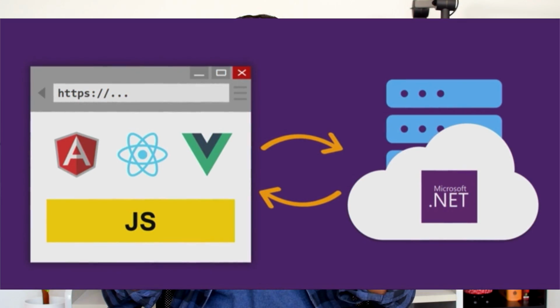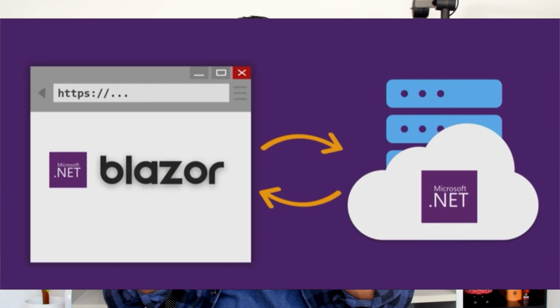WebAssembly has been there for a long time, but now it is also going to natively support running C# directly in the browser, which is pretty cool. This is going to change the whole game, which means we don't need to rely on C# just for the server side. Now we can replace Vue.js, Angular and React client-side scripting directly with C# as well, which is really going to be a game changer.